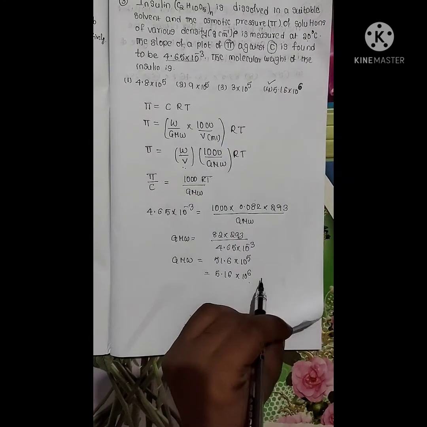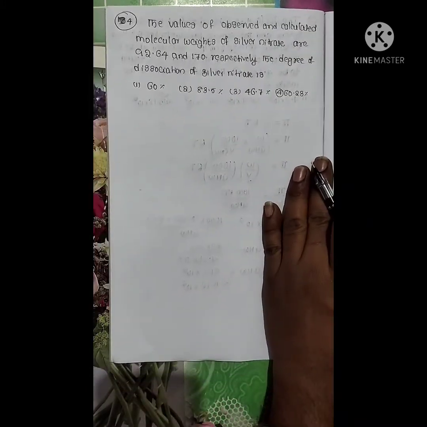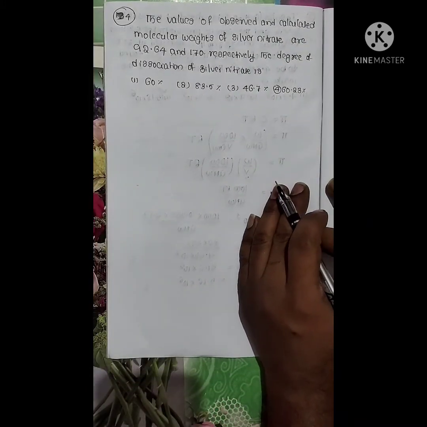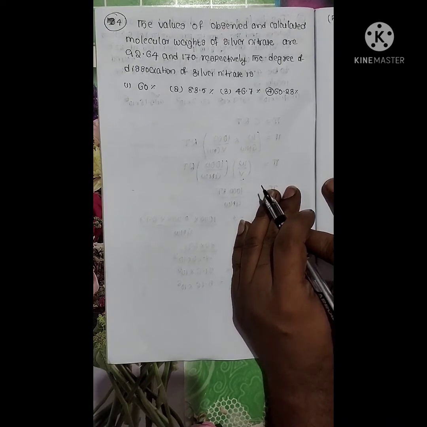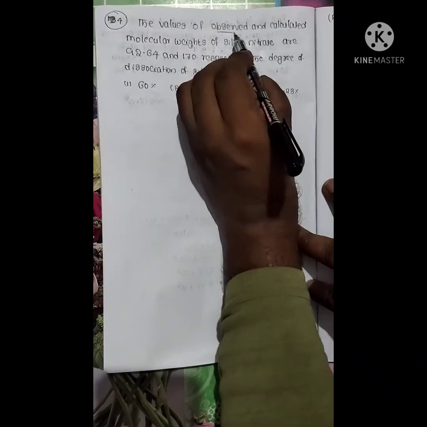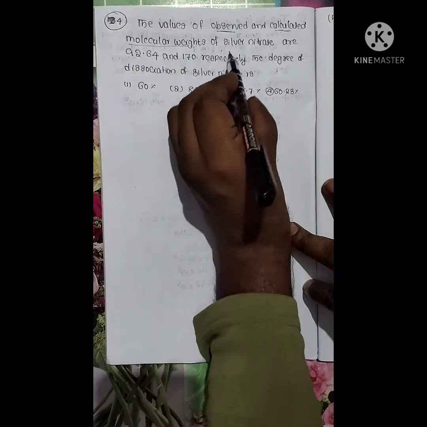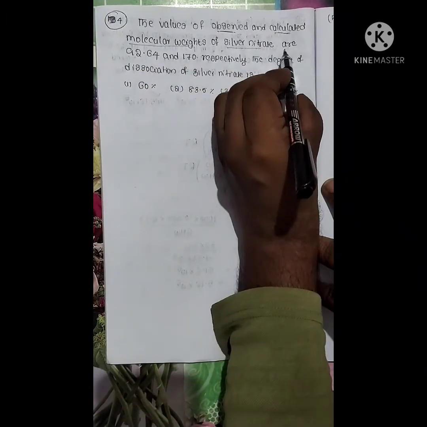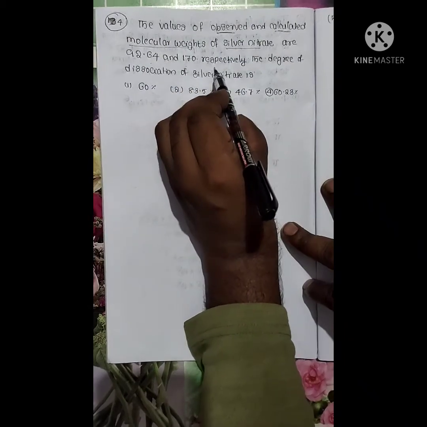Okay, next. Look at there. It is a nice model regarding competitive exams. The values of observed and calculated molecular weights of silver nitrate are 92.64 and 170 respectively.